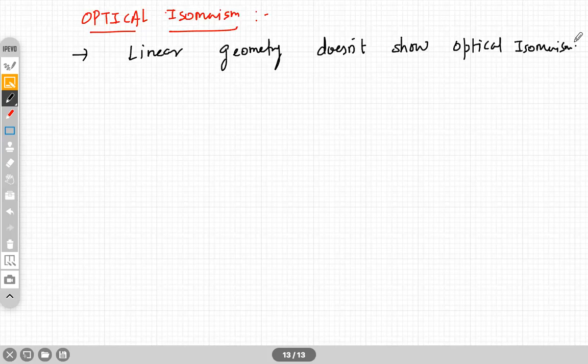If any two are the same, optical isomerism is not possible, because when four ligands are different, then only we do not have any plane of symmetry. Okay? Yes, sir. Thank you, sir. Okay, next write down.